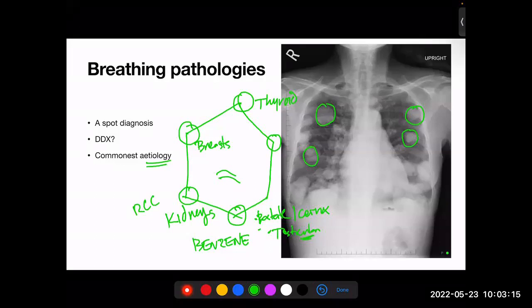So you remember it like that. Think of whenever someone asks you cancers that metastasize to the brain, cancers that metastasize to the lungs, even the liver. The cancers that metastasize are these: thyroid, breast, lung itself, renal cell carcinoma, prostate CA, testicular or cancer of the cervix. What else? Those.